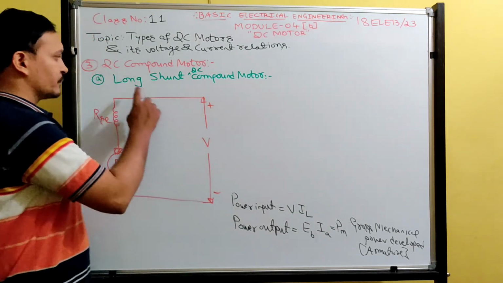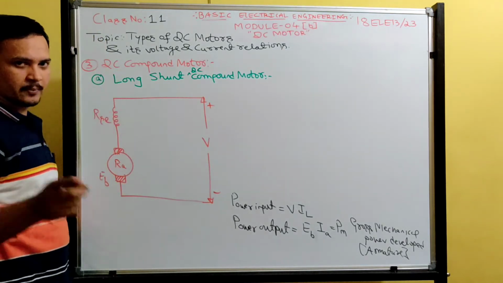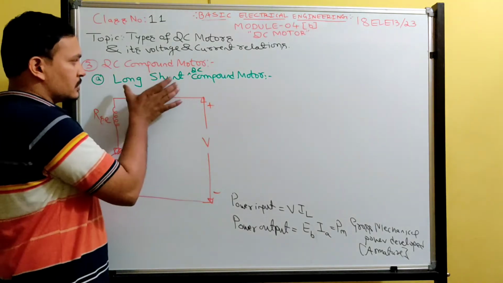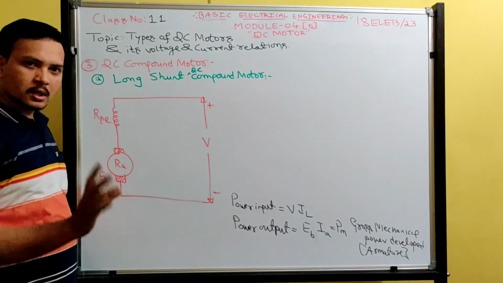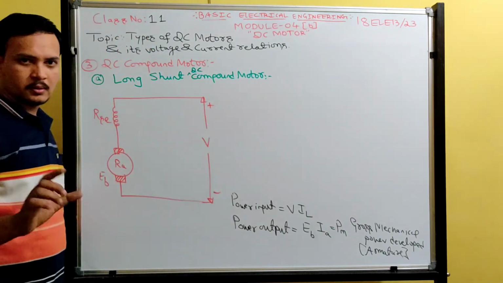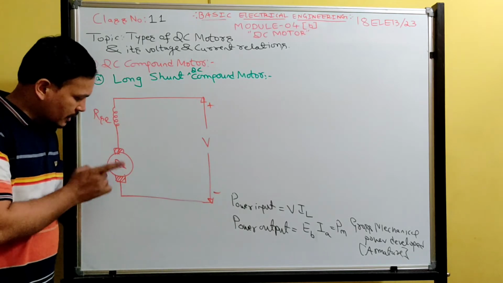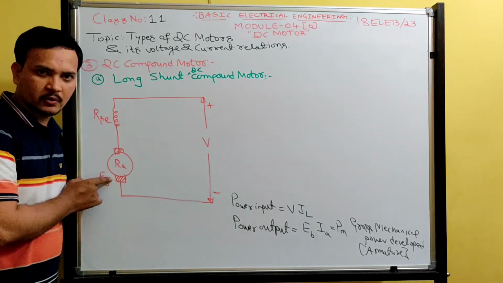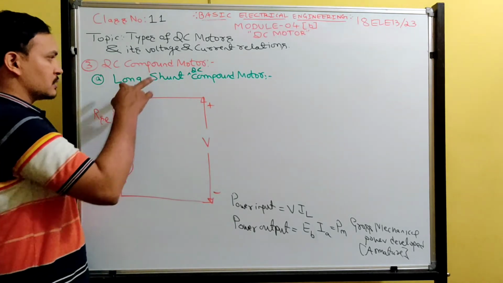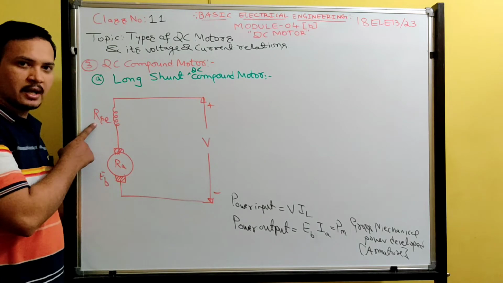So coming to the long shunt DC compound motor. Long shunt is one of the types of compound motor. Whether it is long shunt or short shunt compound motor, compound motor means you always connect the series field winding and armature winding in series.